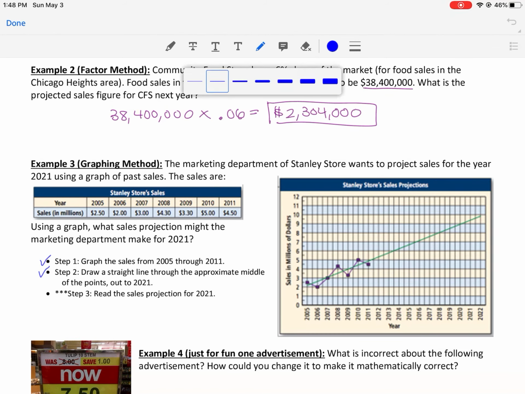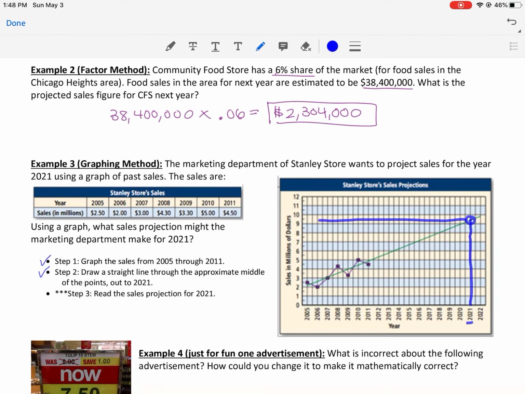But here we're going to look at, okay, if we go to 2021, which is over here on the right, we're going to trace up from there and see where it hits our line, which in this case is right here. So as we trace over to the left, we get partway between 9 and 10. So maybe we call that about 9.5. But what does that 9.5 represent? If we look at the label over here, it says sales in millions of dollars.